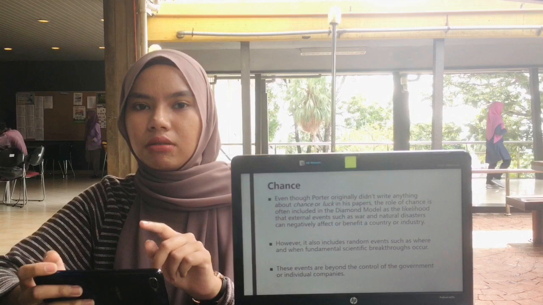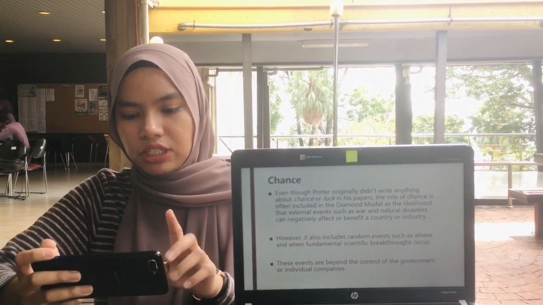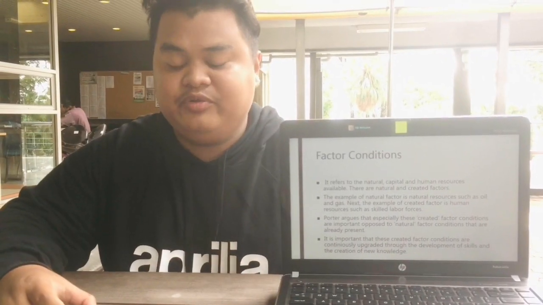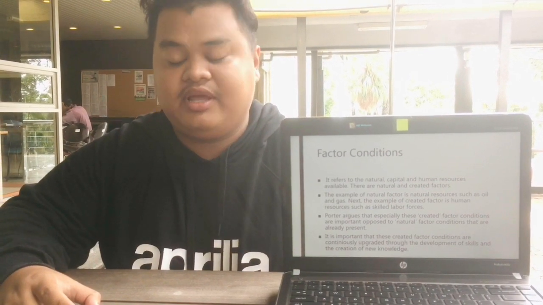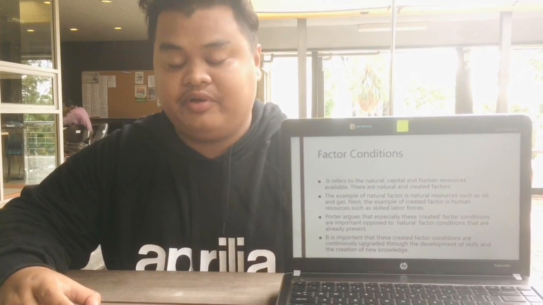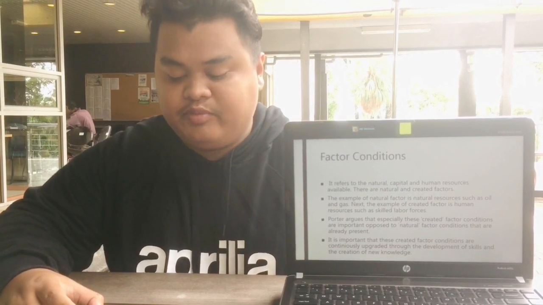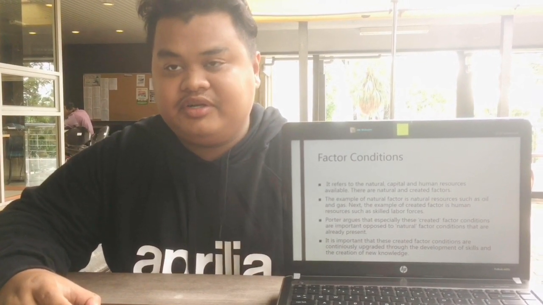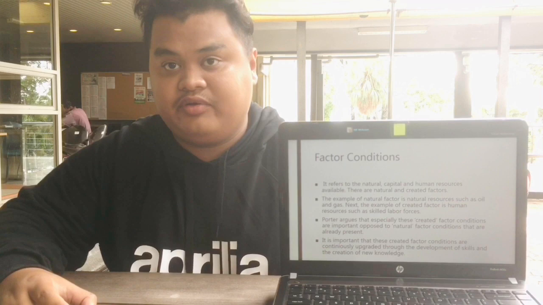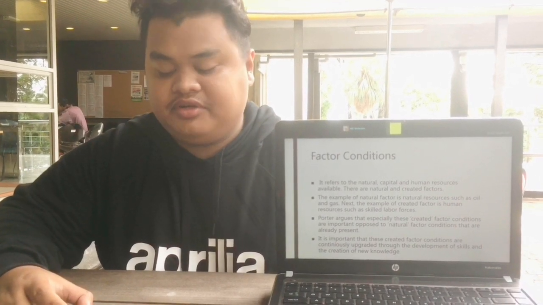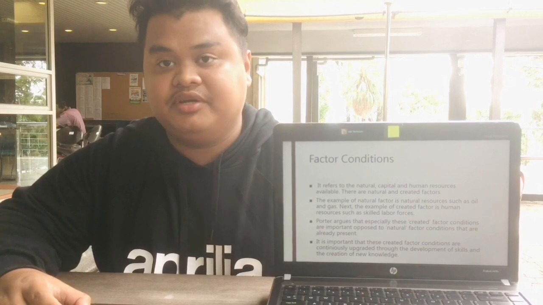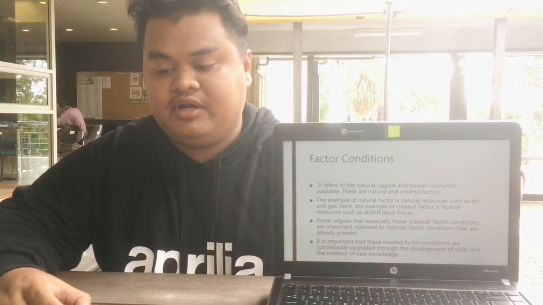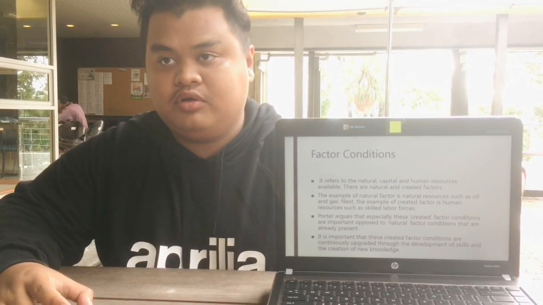Baihaki will move on to the next component, which is factor conditions. It refers to the natural capital and human resource available in those countries or within the borders. There are natural and created factors in these factor conditions. For the natural factor, the example is natural resources, where the country has oil and gas resources or coal.